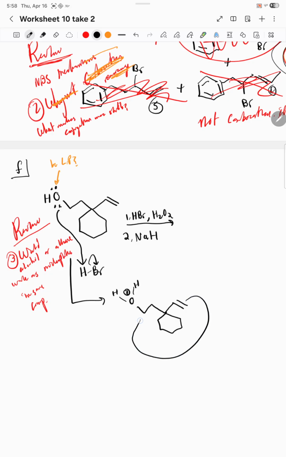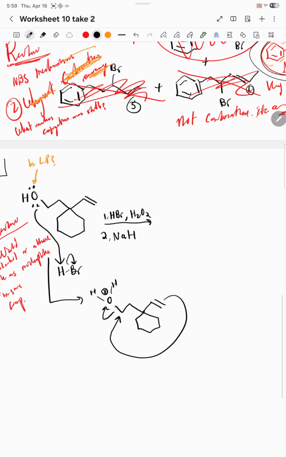If this were to attack the leaving group position, this would now want to leave. If that were the case, how would this work? Ring closure. Carbocation would like to go probably in the... Wait a second, is this even right?